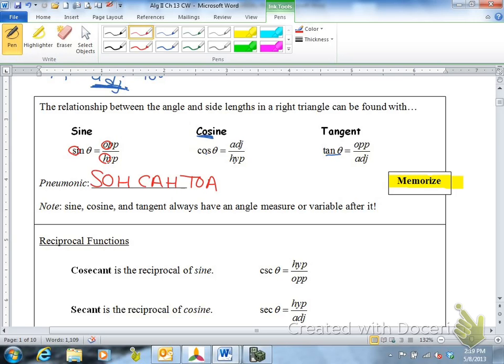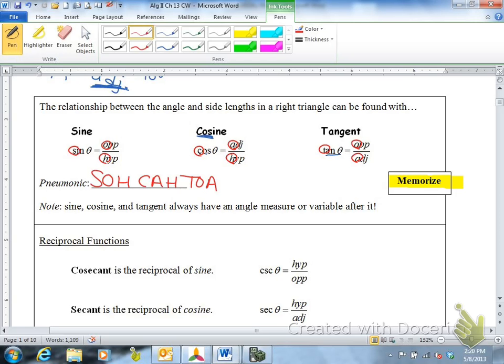S-O-H is so. C is cosine. Adjacent over hypotenuse is C-A-H, so ka. And then tangent is T-O-A. So that would be toa. T-O-A, so-ka-toa.